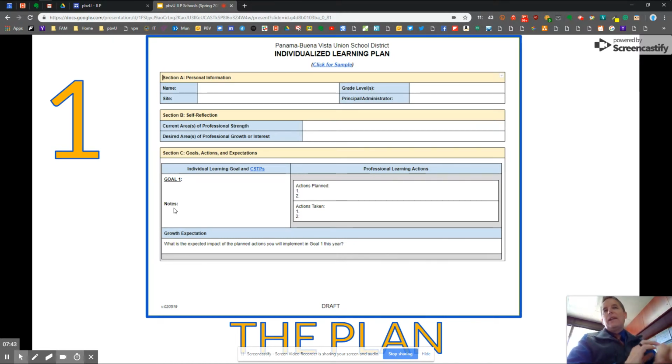And then finally, with the plan, with each goal, what's the expected impact if you were to accomplish that goal this year?